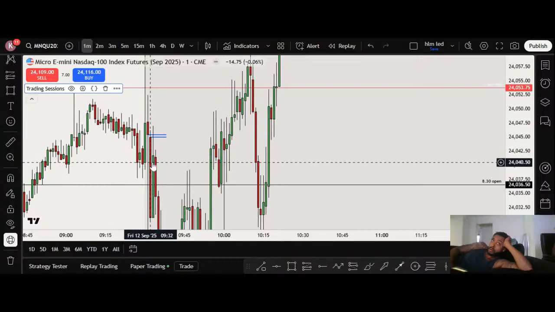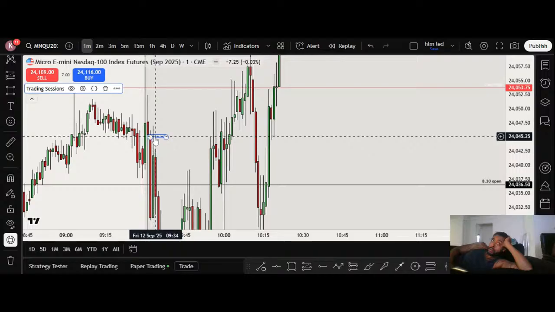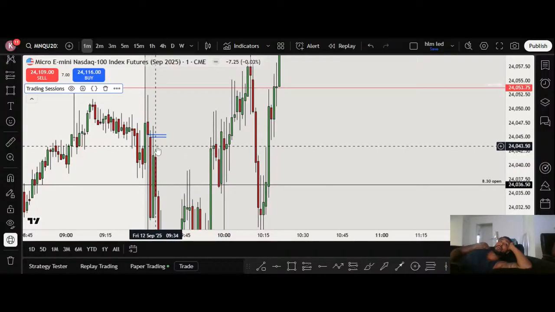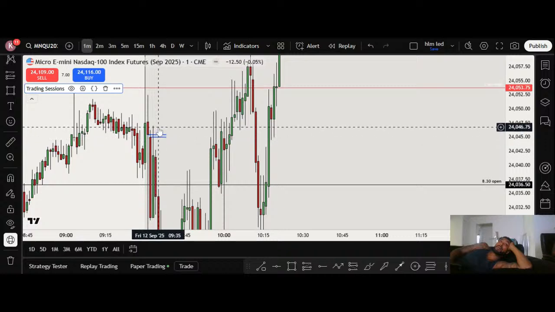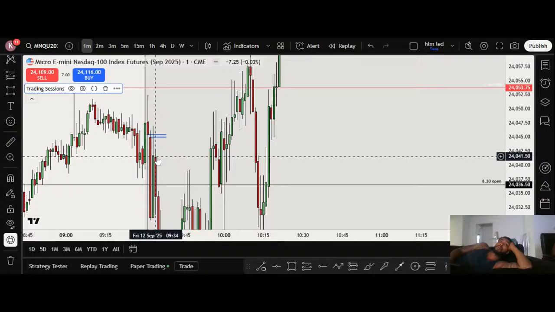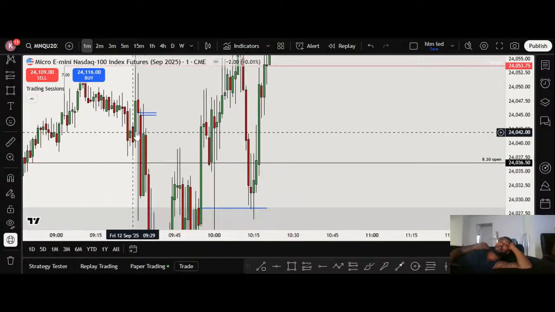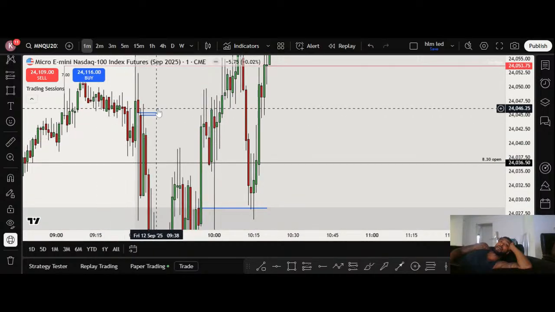Cool. So what does this green candle do? It comes up, it wicks the volume imbalance. Look at the wick. Look at it. So this candle, it was green, wicked the volume imbalance, came back down, closed underneath the volume imbalance, showing weakness in the market, showing that sellers are probably in control.